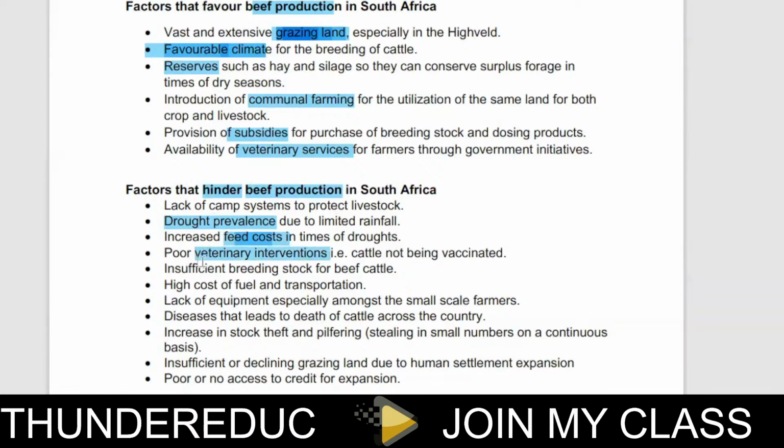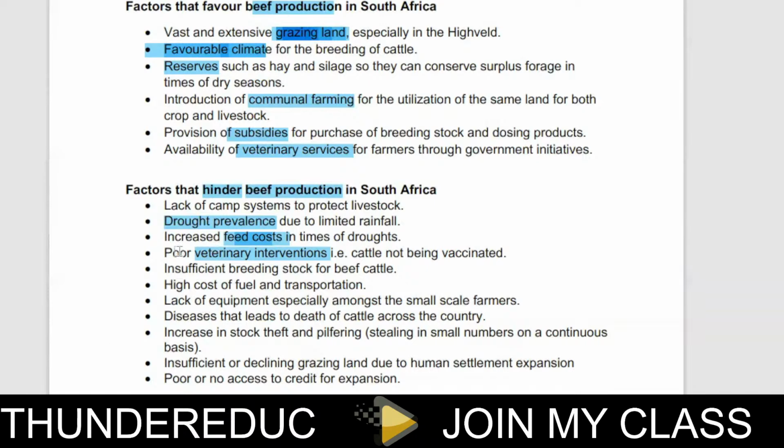There is a gap in between. So you find some animals can't be vaccinated, so they die, the calves die when they're still young, and this affects the production. Because of such problems, farmers end up leaving the sector. So those are the discouraging factors.